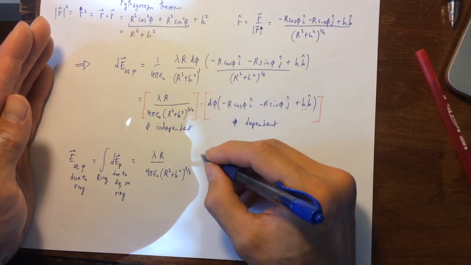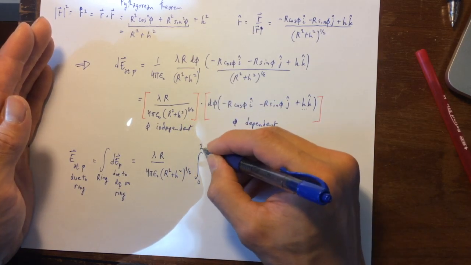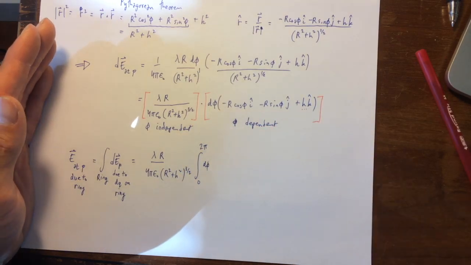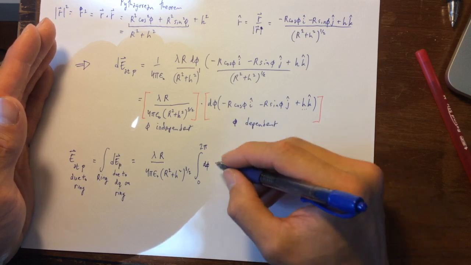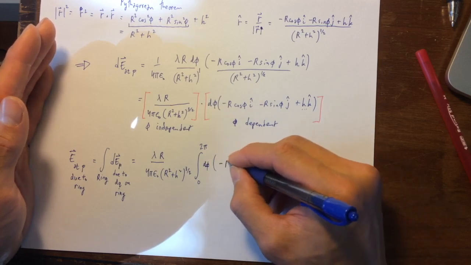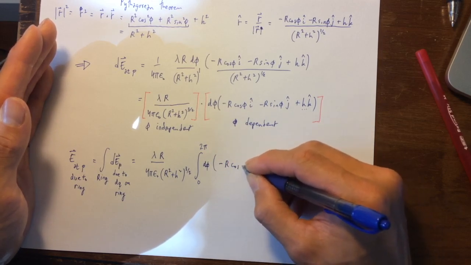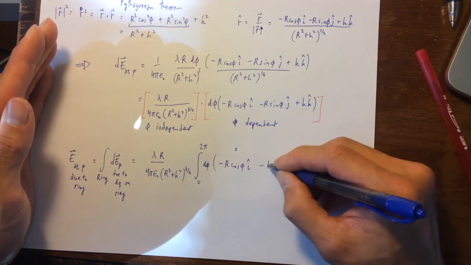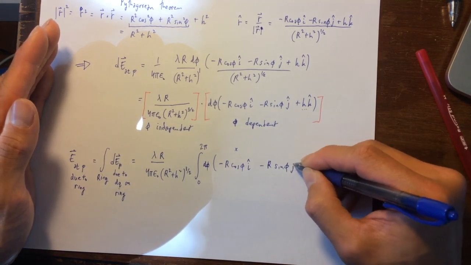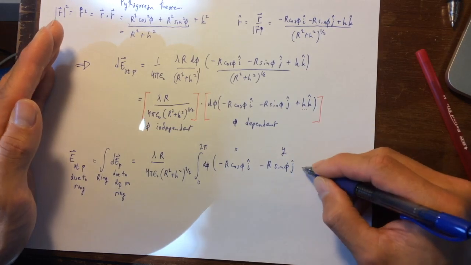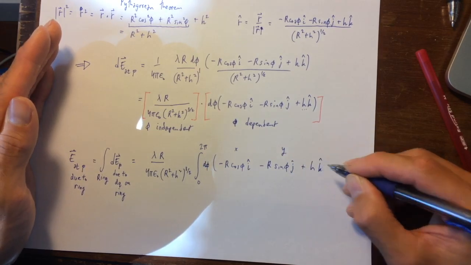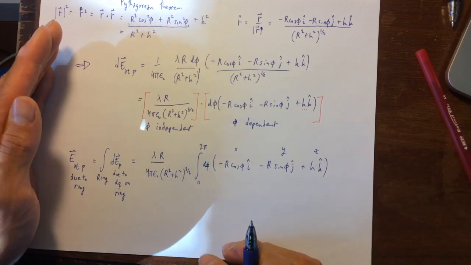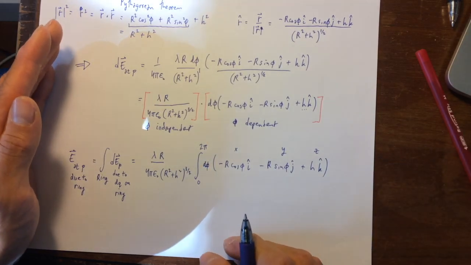And that all sits in front, and I do the integral, and I range over the entire ring with the ranging variable d phi, and I do pieces in the x direction, the y direction, and the z direction. Right, so this has become my problem.